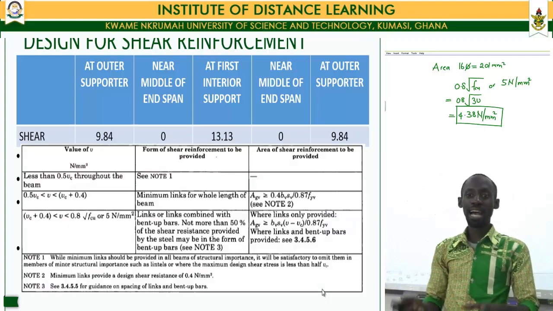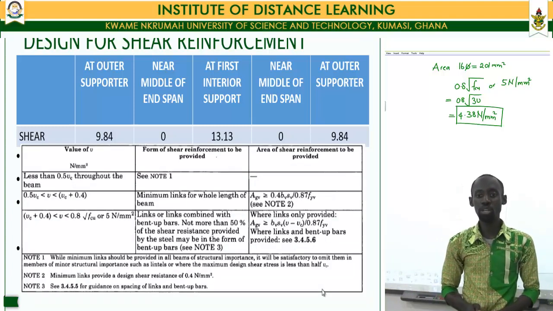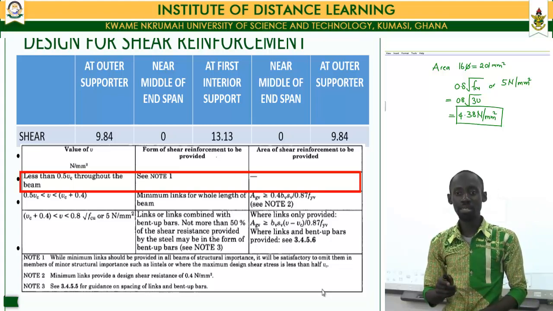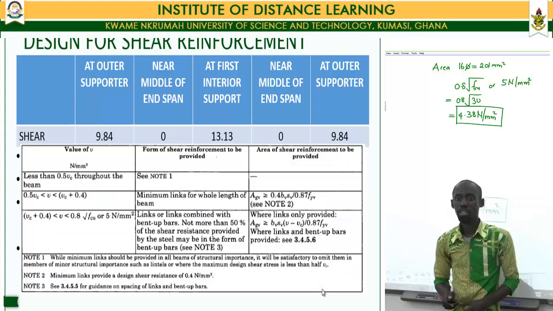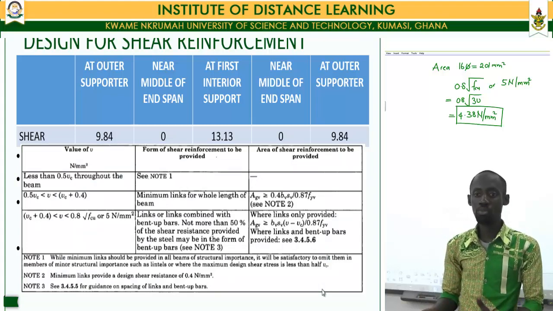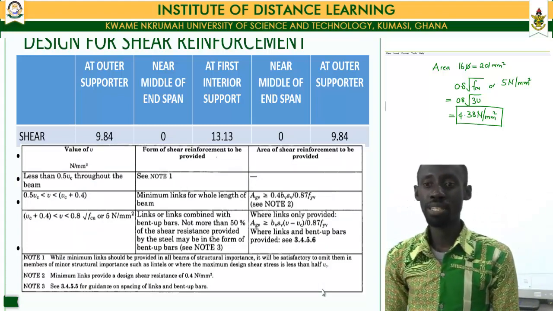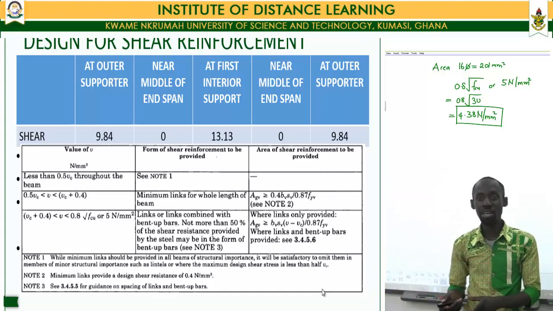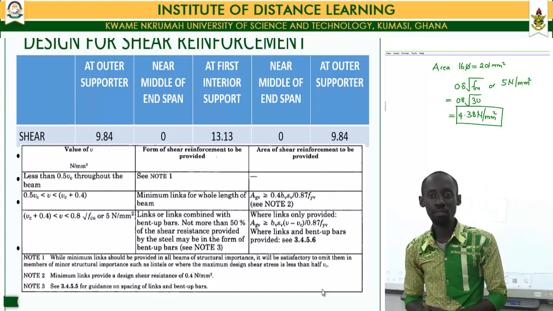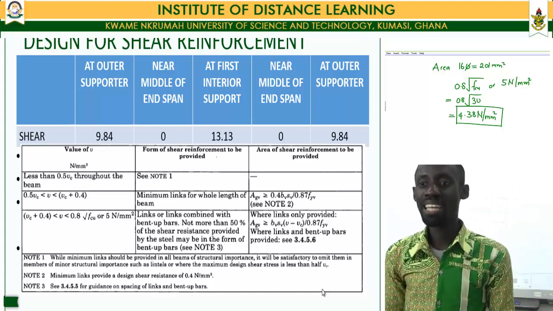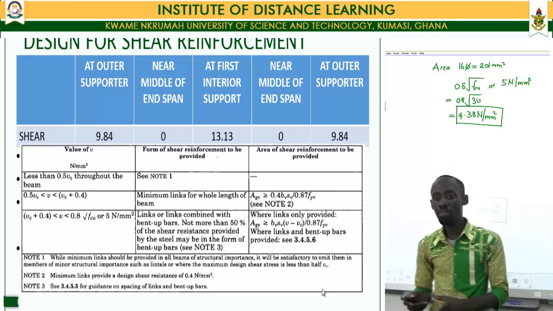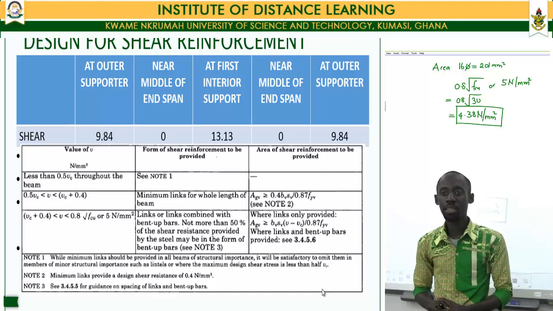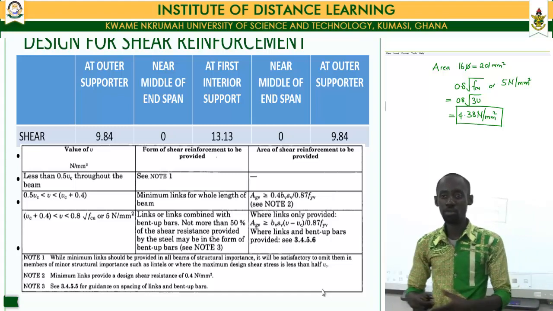Now, when revisiting our shear value table in the BS code, the table tells us that if we have our shear capacity, now visiting the table in the BS code, which gives us the provisions for our shear reinforcement, it says that if we have the value of our v, which is our shear stress, being less than 0.5 of our Vc throughout the beam, then it means that in a beam of no structural significance, we can omit the shear reinforcement that we are supposed to provide.